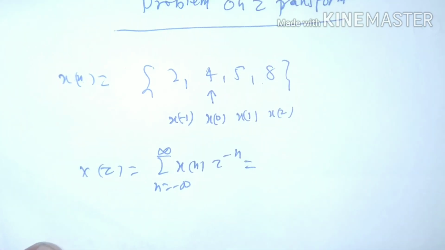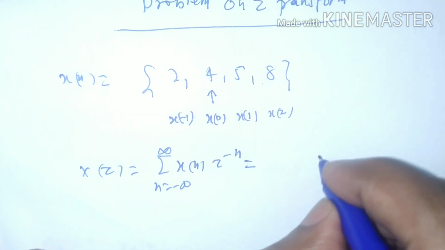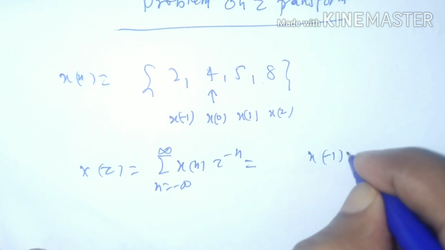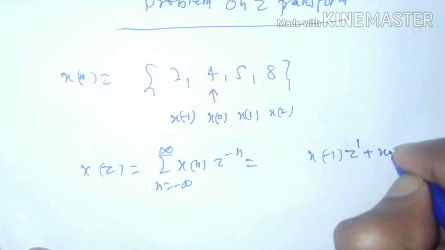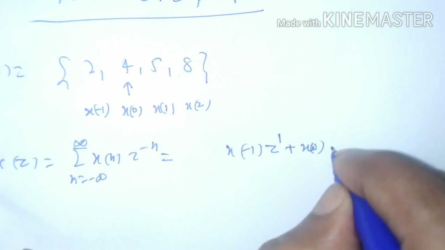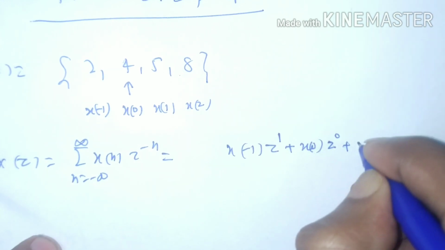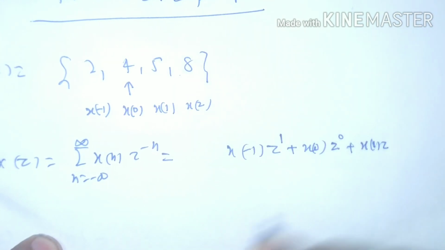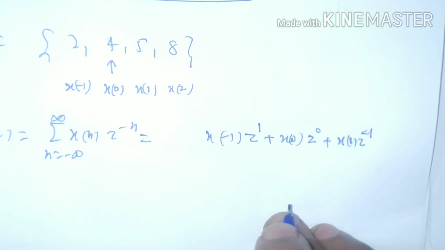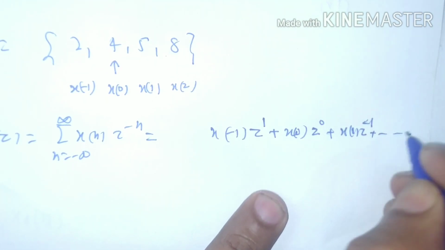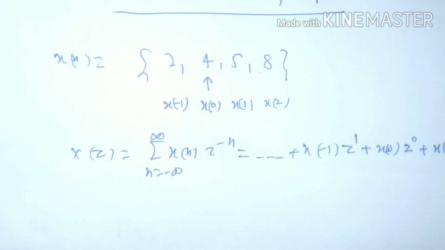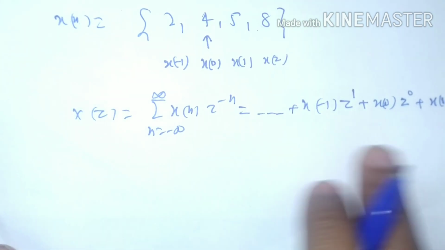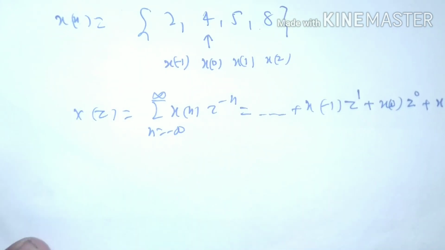If we expand this summation, then we will get x[-1] z to the power 1 plus x[0] z to the power 0 plus x[1] z to the power minus 1, and it goes to infinity and to minus infinity. This is the formula of Z transform. Then we have to find the Z transform of the given signal x[n].